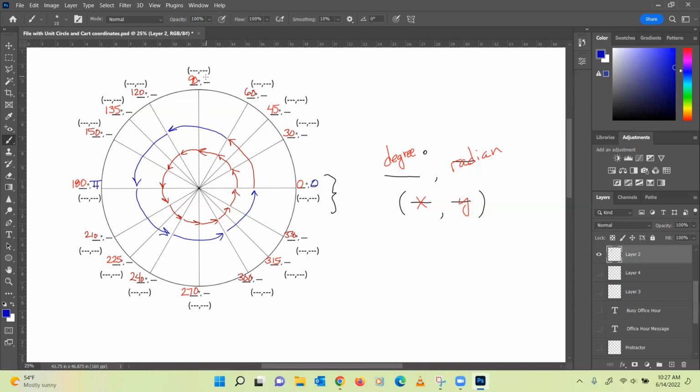We divided that by 2. Pi divided by 2 is pi halves, and this is where that fraction bar comes in. It just gives you that you can use to create the fraction, because most of these will be fractions. We also said that the 270 degrees, the negative y-axis, was 3 pi over 2.